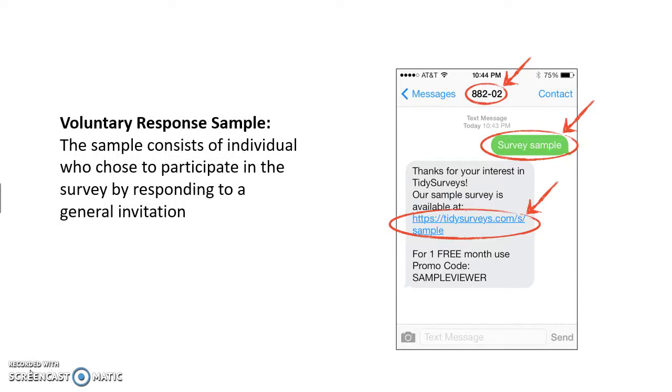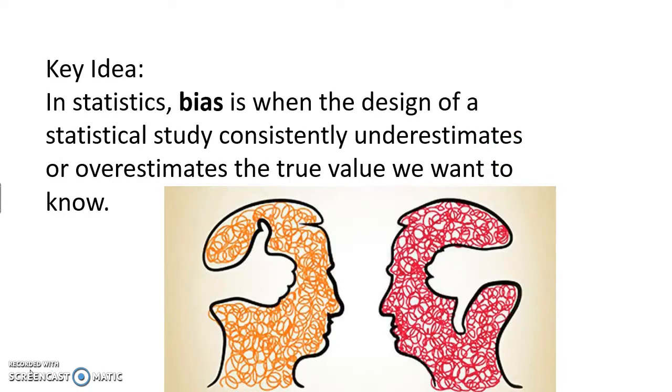Both convenience samples and voluntary response samples lead to something called bias. You may be familiar with the word bias in other contexts, when you favor or disfavor something unfairly without any reason. In statistics, the meaning of bias is slightly different.